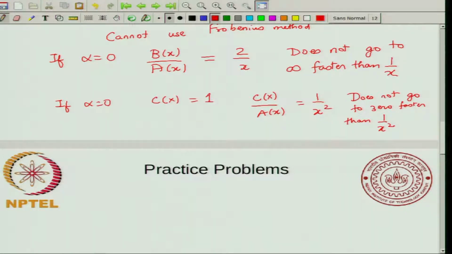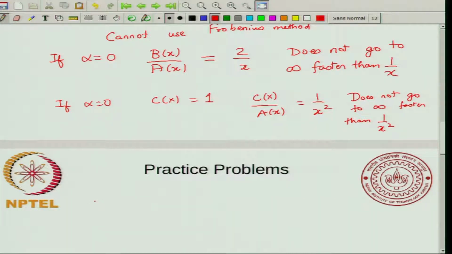So, it goes to 0 as fast as 1 by x square, but not faster. Similarly, this goes to infinity. I am sorry, I am making this mistake repeatedly, but it should be go to infinity. So, c by x by a by x does not diverge faster than 1 by x square. Similarly, b by x by a by x does not diverge faster than 1 by x.